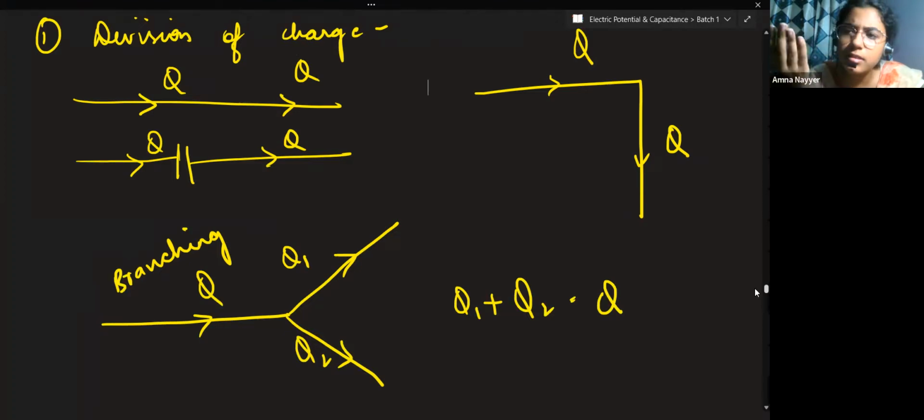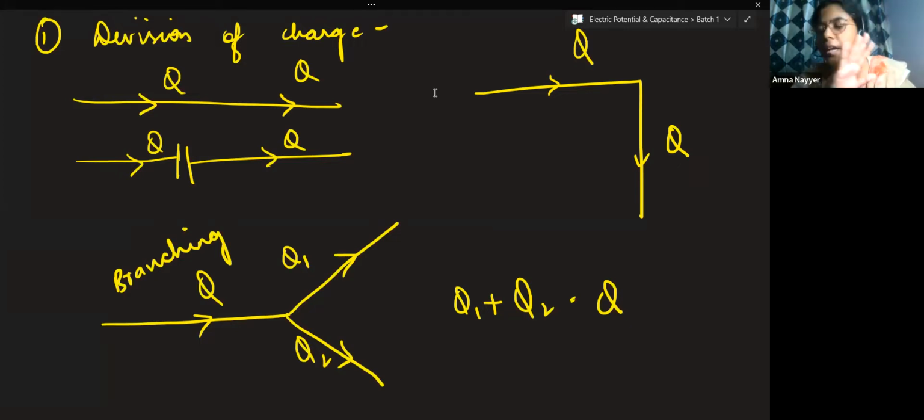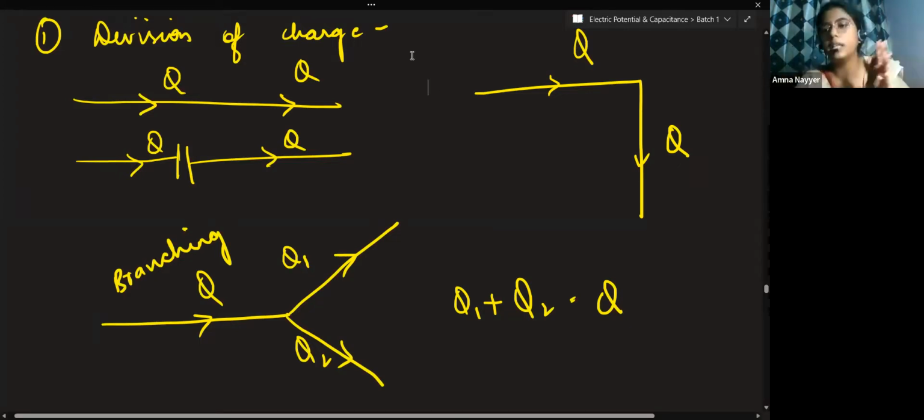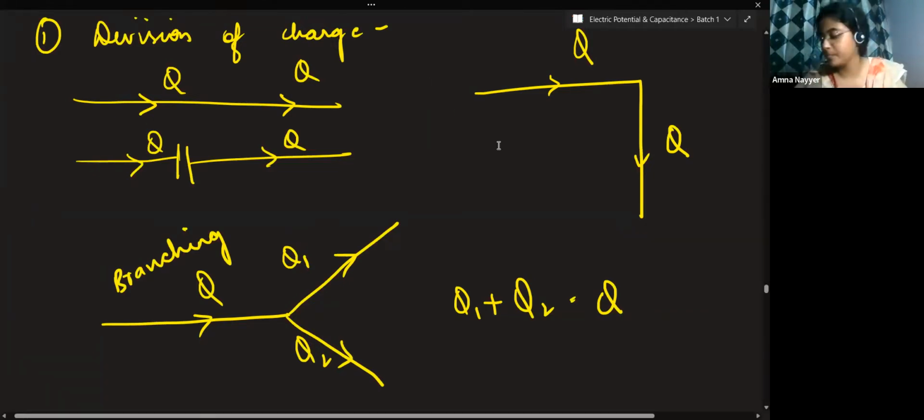A different wire means a new wire. In the same wire, the same amount of charge will flow. As the branching occurs, the current divides, but the branching doesn't affect your voltage. Even if the wires are getting divided, voltage will still be the same in the wires.